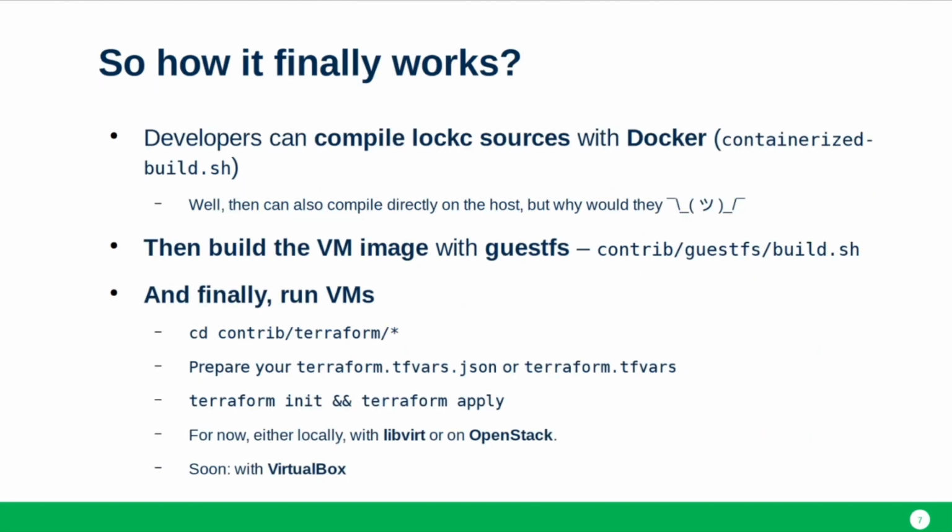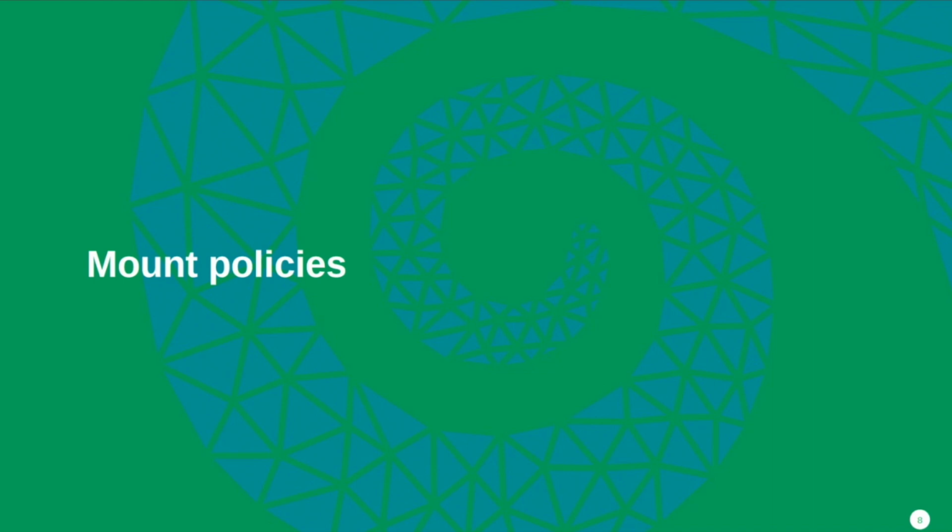Finally, developers can compile lockc locally with a containerized build, then build the image and use any flavor of Terraform they like to spin up VMs. For now it's libvirt or OpenStack, but I will soon add VirtualBox and maybe, if someone wants, public clouds in the future.